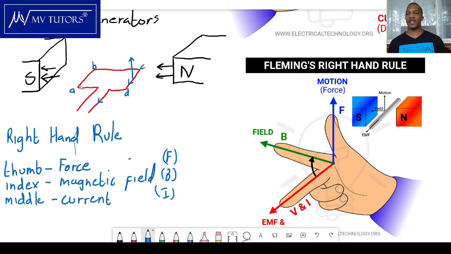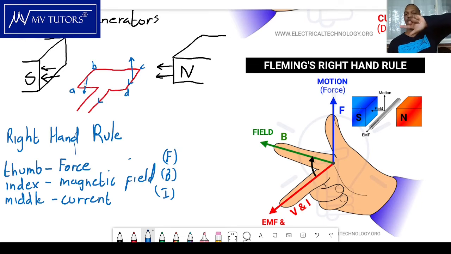Now if we look at side AB, if this thing is turning anti-clockwise, then AB is moving downwards this side. That's the force, it's moving down. So let's see which way current is moving there. Magnetic field is still going that way, but now the force is not going up, which means my thumb must face down. The only way I can do that is if I turn my finger like this.